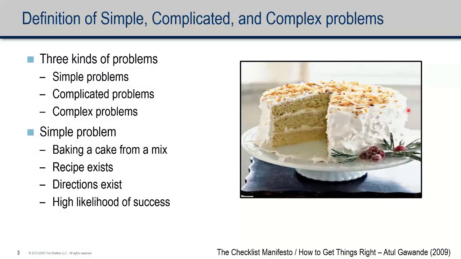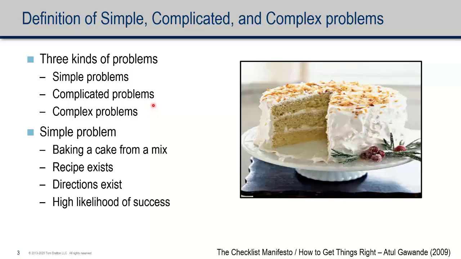I read a book called The Checklist Manifesto: How to Get Things Right. It was written by a surgeon, Atul Gawande, in 2009, and I found it a very interesting book. He talked about three kinds of problems. A simple problem, which he used as an example of baking a cake.